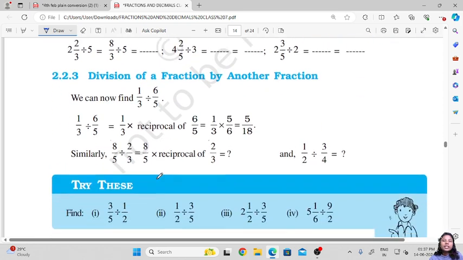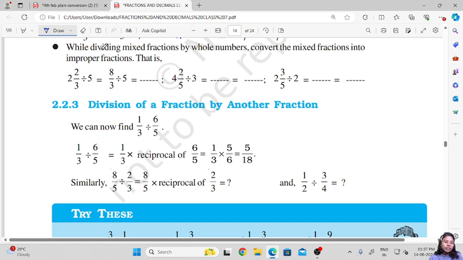So now next, similarly we have to do the next part. Okay. So now here, while dividing the mixed fractions by a whole number, first convert again the mixed fraction into an improper fraction. So first what they did here was, see, this 3 2s are 6 plus 2, 8 by 3 divided by 5.